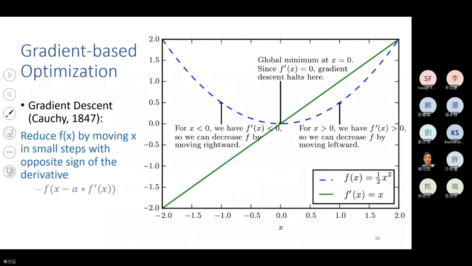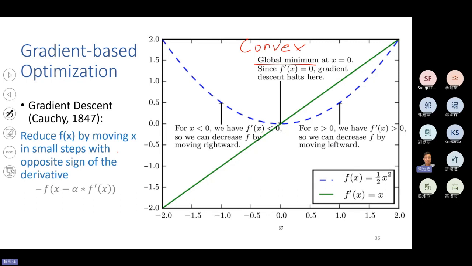For this function, we have a perfect global minima at x equal to 0. You can directly take the derivative, f prime of x. This kind of problem is called convex optimization. If your function has a global minima, it's called a convex function.